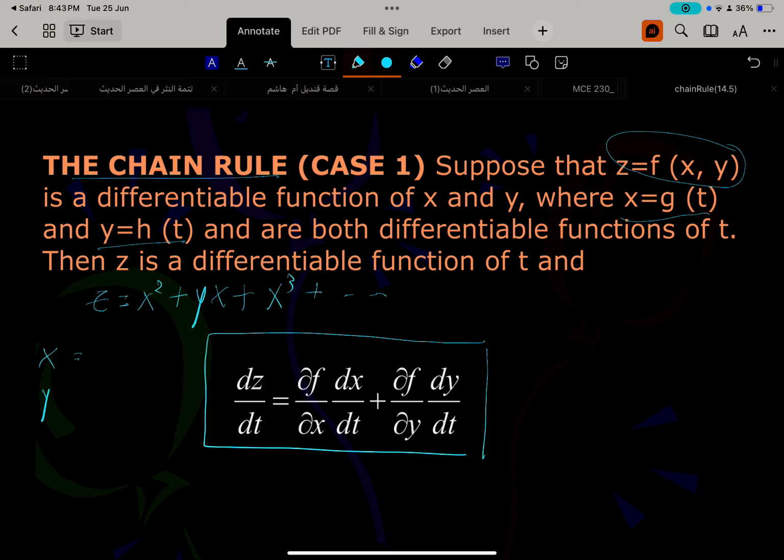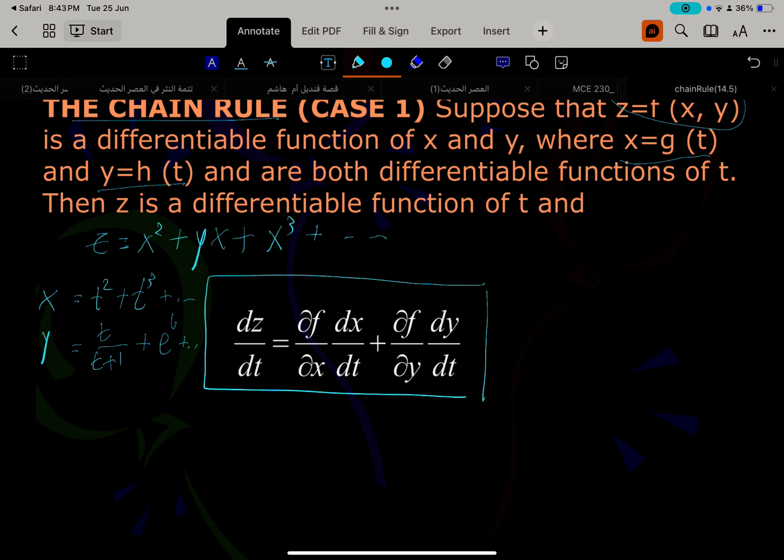We have them as other functions of t, say t squared plus t to the 3 plus whatever, and this is t over t plus 1 plus e to the t and other terms. So these are functions of t. z is a function of these functions, and it would be a bit hard to just go on.